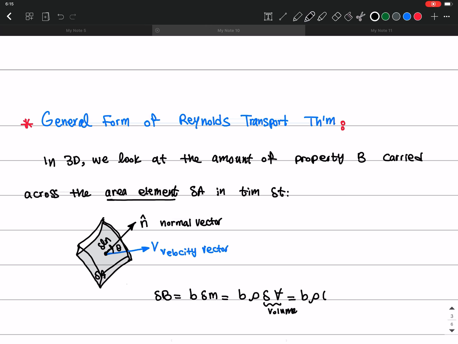This is going to be the delta V. So this is going to be b rho delta Ln times delta A.